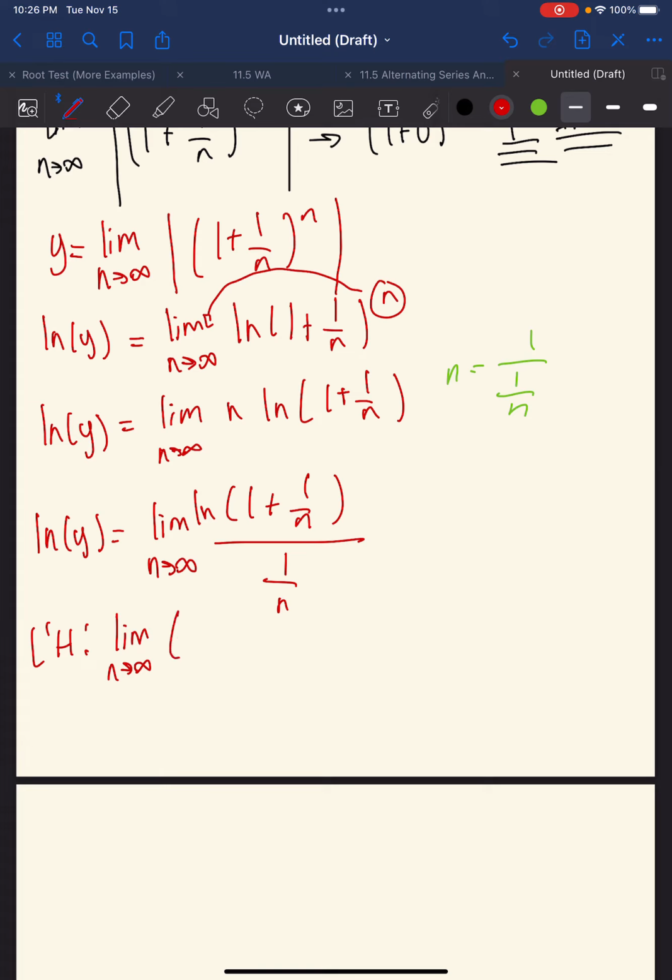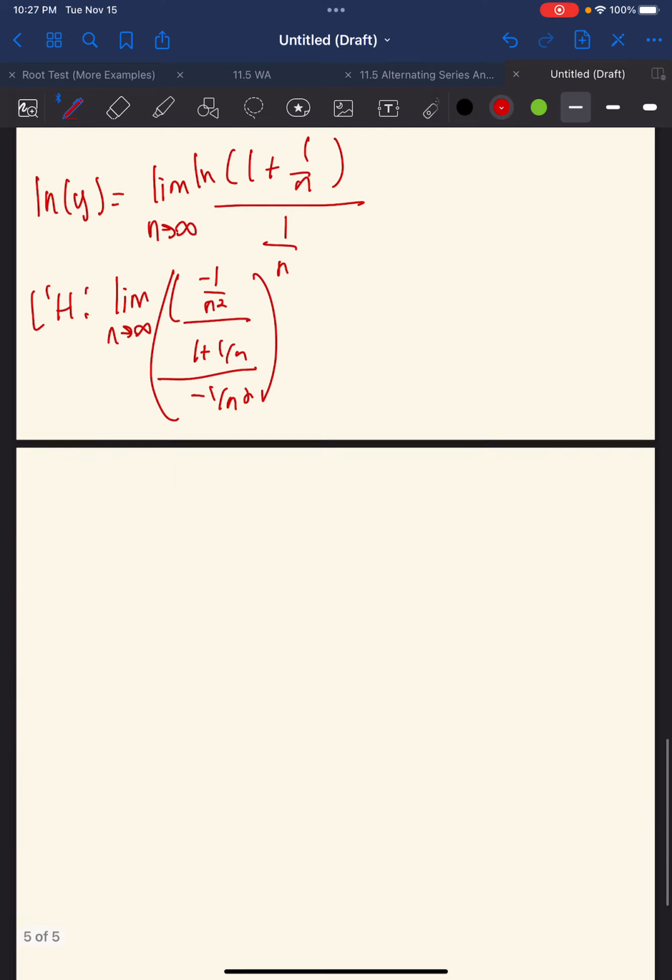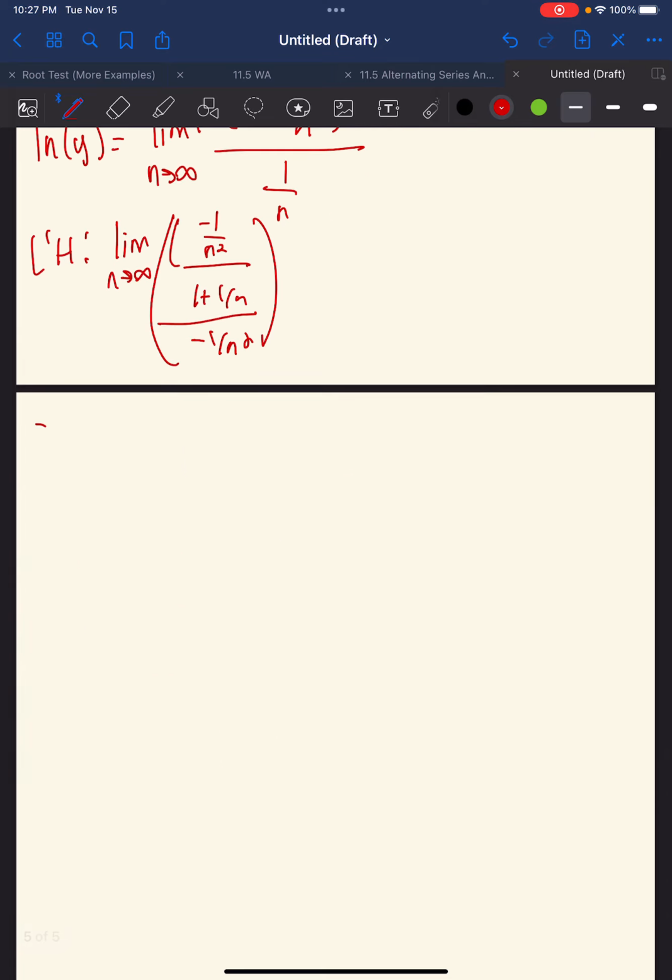So that would be negative 1 over n squared, over 1 plus 1 over n, over the derivative of the bottom, which is negative 1 over n squared again. So you'd have all of this. And basically what we can do now, on the next page, is multiply the top by negative n squared and the bottom by negative n squared.